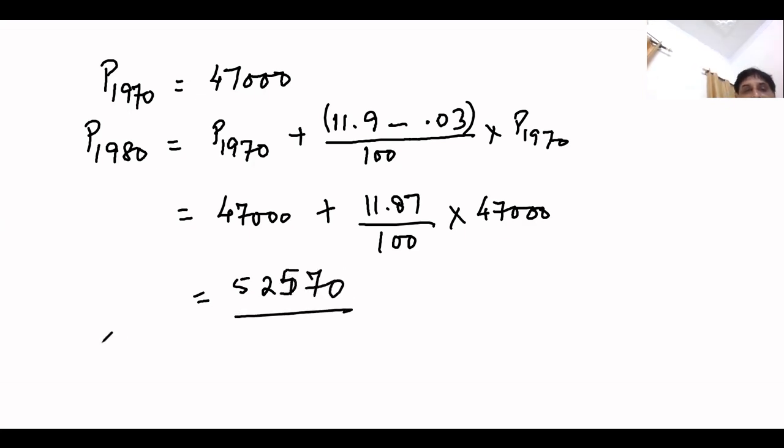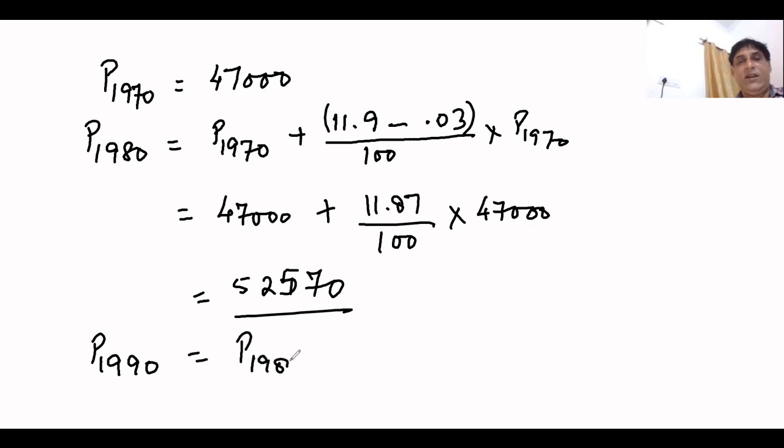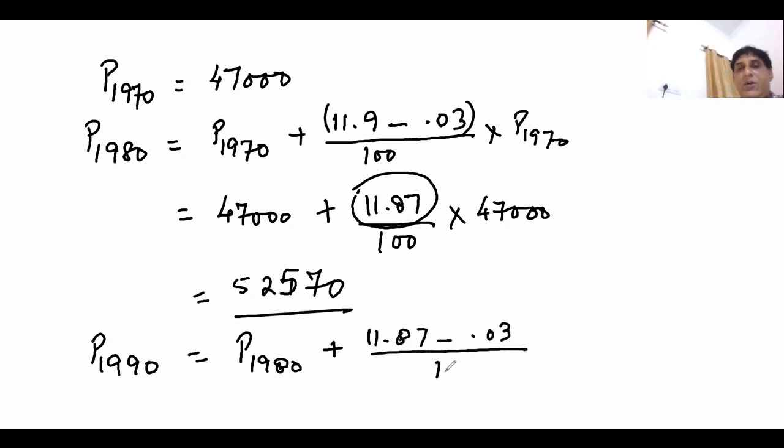Right? Now if I'm being asked to calculate the population of 1990, it will be the population of 1980 plus, now you would take this percentage, 11.87 minus 0.03 upon 100, population of 1980, right?